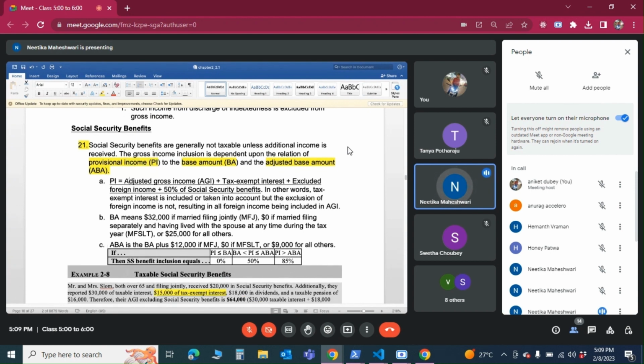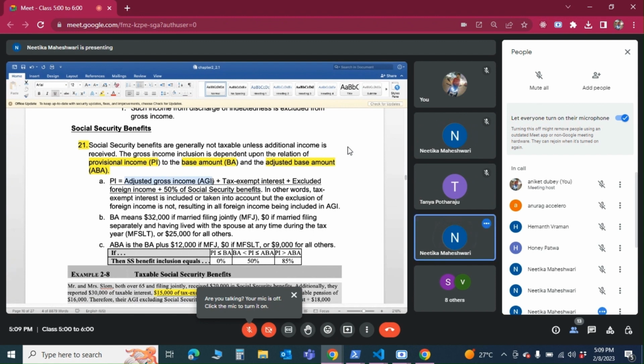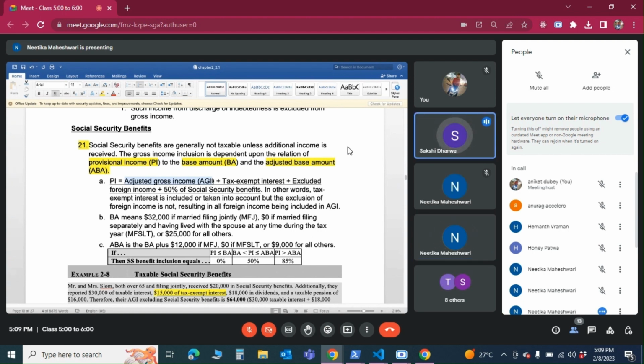AGI, who remembers what is AGI now? Anurag? What is AGI? Or Sakshi? Adjusted gross income. That is gross income less adjustments and deductions.